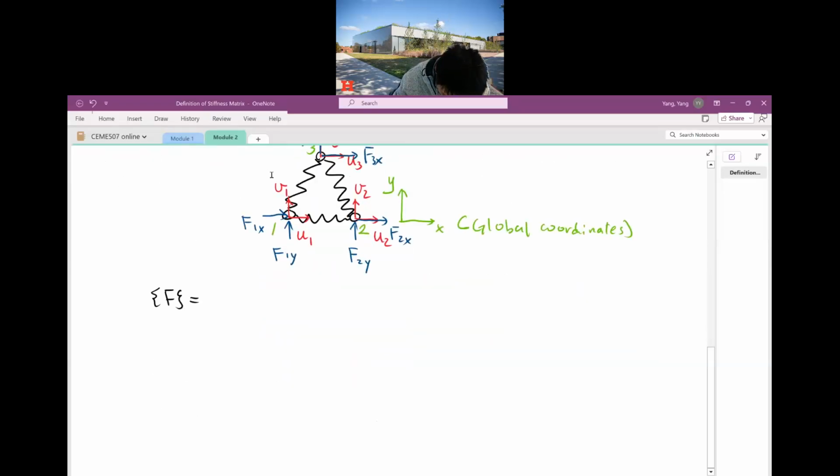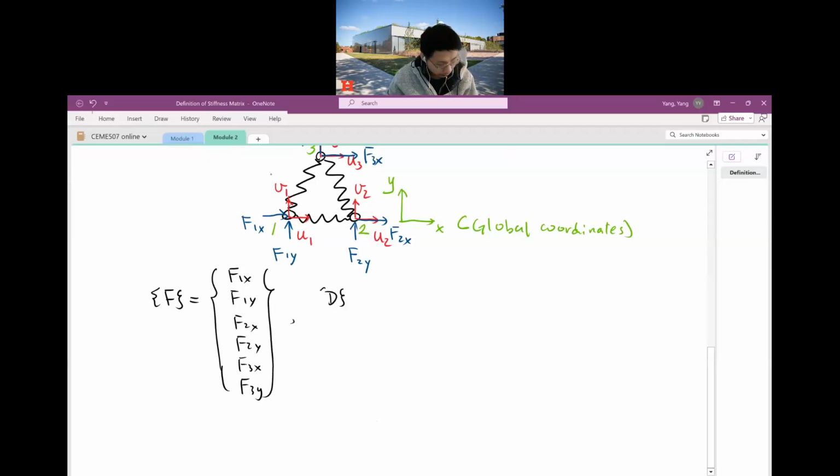So here we can write down the force matrix in the global coordinates. We have 1x, 1y, 2x, 2y, 3x, 3y. We have the displacement matrix D, which is equal to u1, v1, u2, v2, u3, v3.